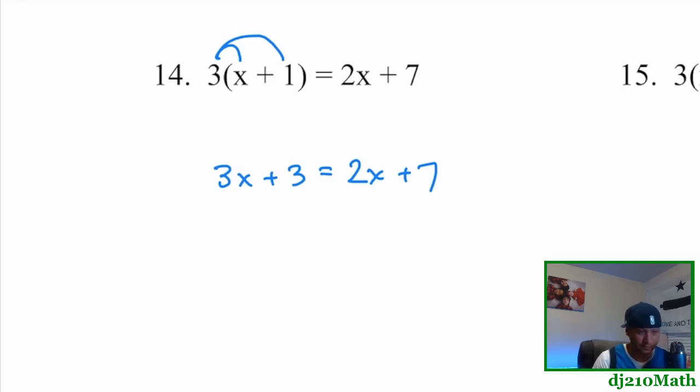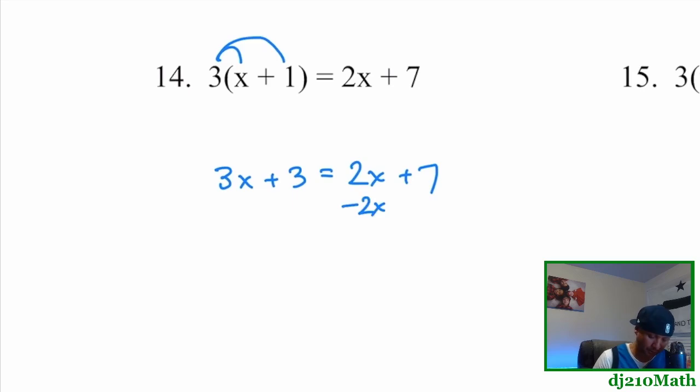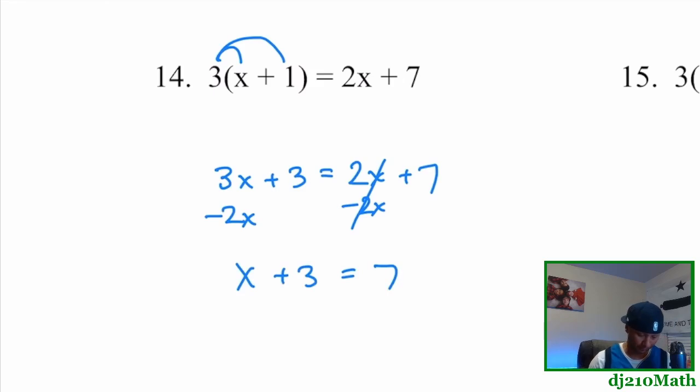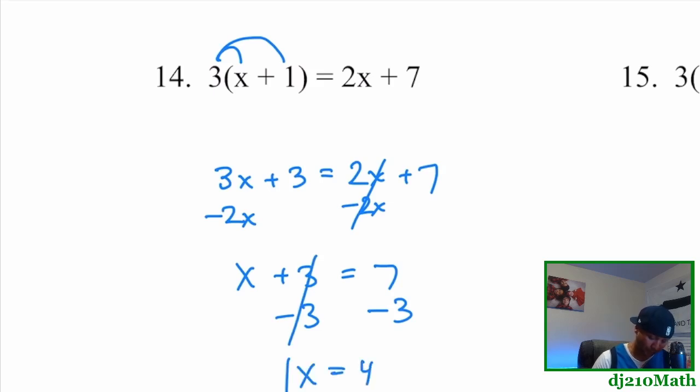Okay, I'm moving the smaller one, so subtract 2x from both sides. So x plus 3 is equal to 7. Getting the x term by itself, I'm subtracting 3. So 7 minus 3 is 4. x is equal to 4.